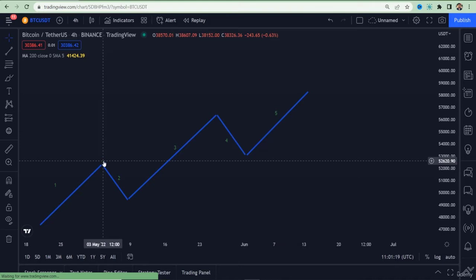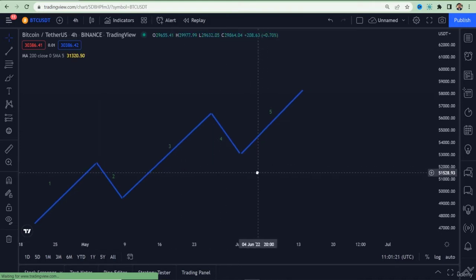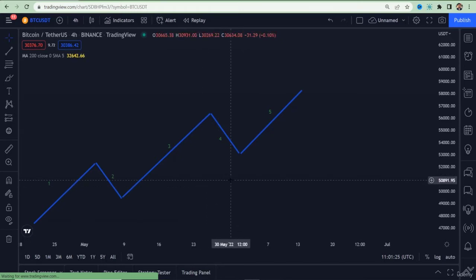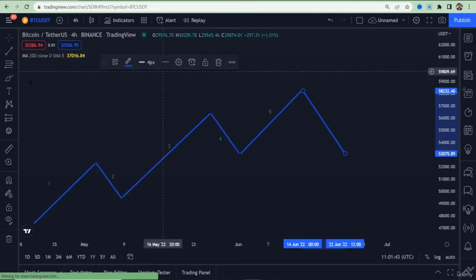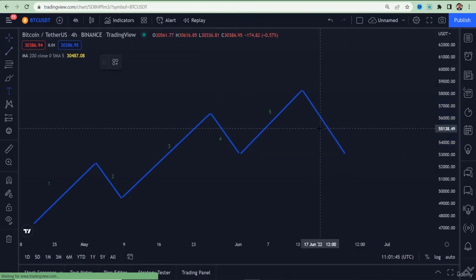Okay, so every Elliott wave is basically made up of fractals. I'm going to talk about that also, but first I have to talk about the correction. When you see the Elliott wave is finished, the bullish trend is finished, it will always be followed by another corrective wave, which we call the ABC correction.